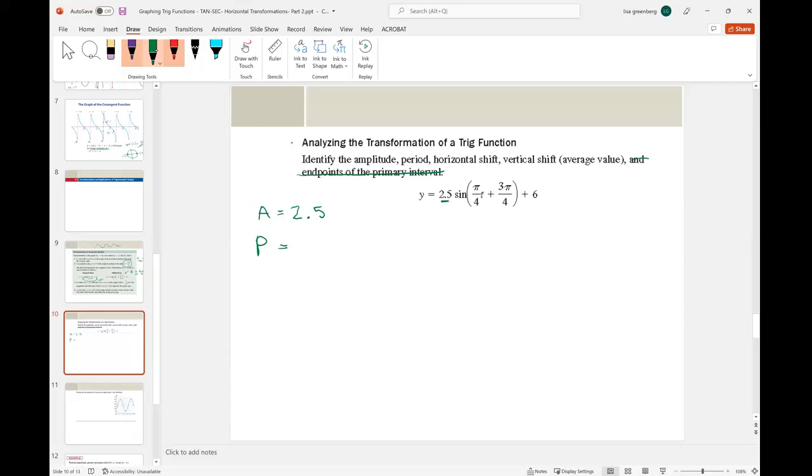So remember in the last slide, we saw that f of x equals A sine of Bx plus or minus C and then plus D, right? Okay, so which of these things affects the period?